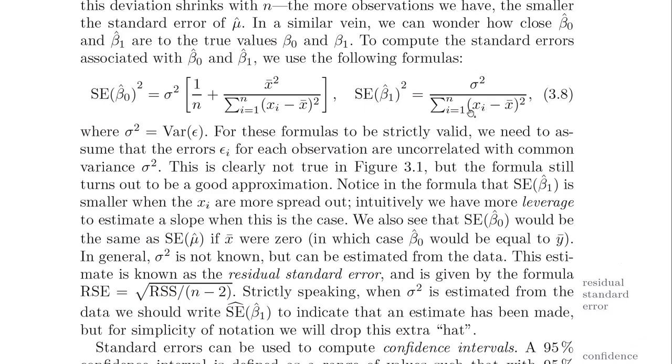The greater the difference between each x, the input variable, and the mean of x, the larger the denominator, so the smaller the standard error. Intuitively, we have more leverage to estimate a slope when this is the case.